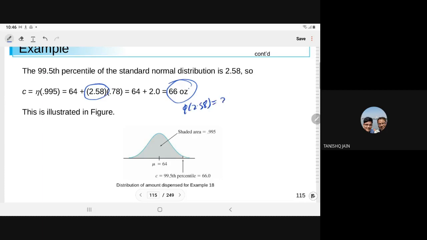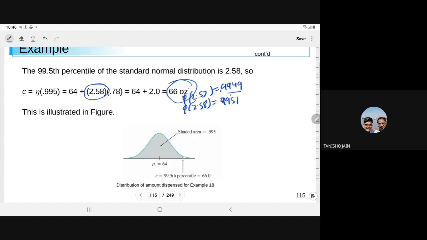2.57 is 0.9949. And 2.58 is 0.9951. You can ignore it, or we have to write in the middle.